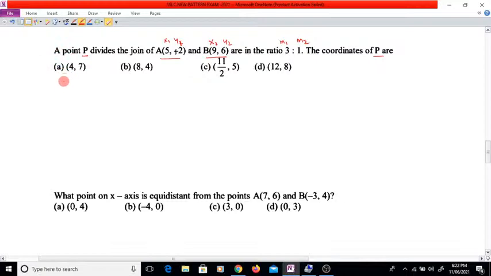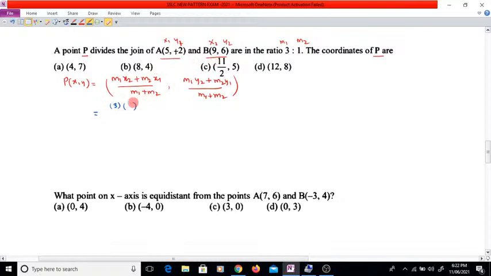The formula is P of x, y equals m1 x2 plus m2 x1 divided by m1 plus m2 comma m1 y2 plus m2 y1 divided by m1 plus m2. So we have to substitute the values here. m1 is 3 into x2.